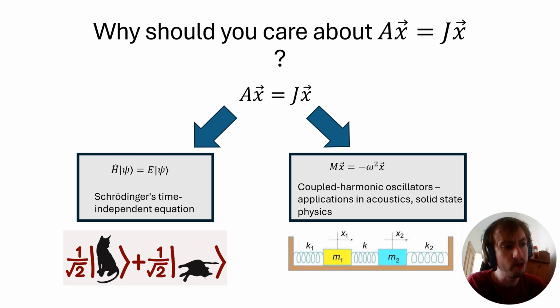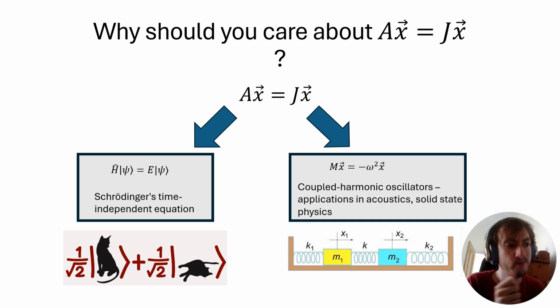Now, M is our matrix that has the associated eigenvalues and eigenvectors. And M is a matrix which ends up referring to how stiff the springs are that connect the masses. The stiffness of the spring is usually described by a constant called Hooke's constant, which has the symbol K.